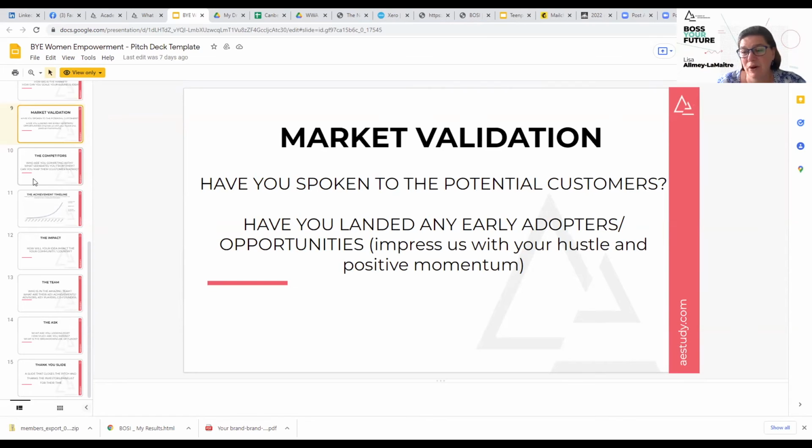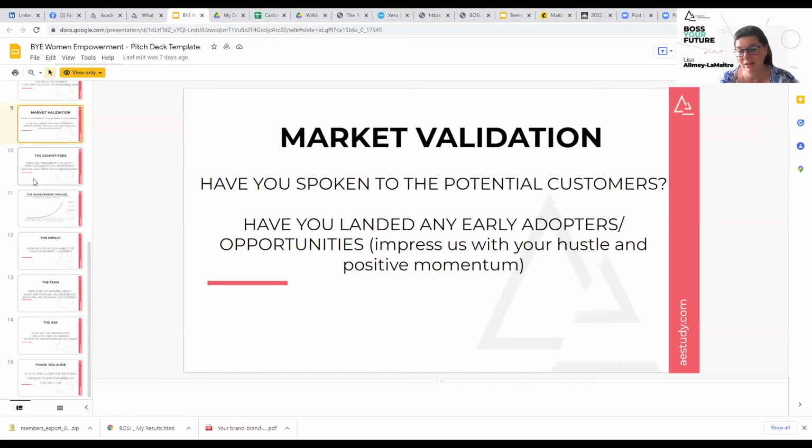That could also be spoken about in the team slide when you introduce yourselves and talk about what you've already achieved so far. So it can be a nice check-in and a little bit of reflection. It might not be this really big, gold-wrapped opportunity that's been hand delivered to you.